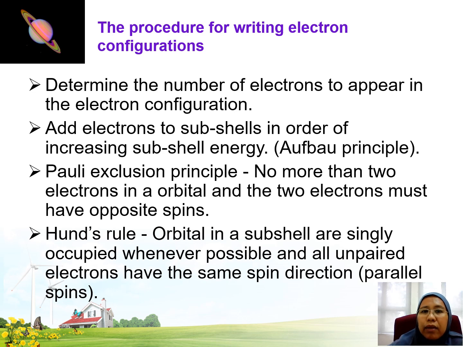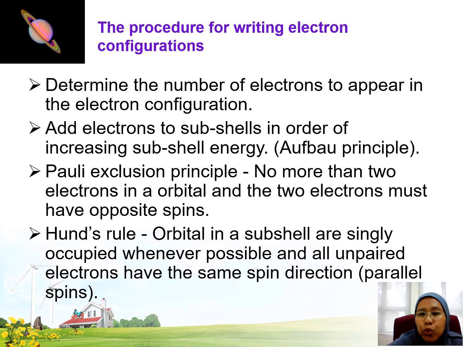How do we write an electronic configuration? These are the procedures. Firstly, we need to determine the number of electrons for that particular element. Then we add the electrons in subshells or orbitals according to the increase of energy level, following the Aufbau principle.